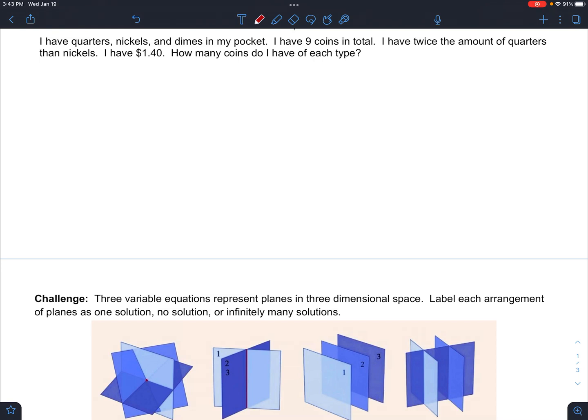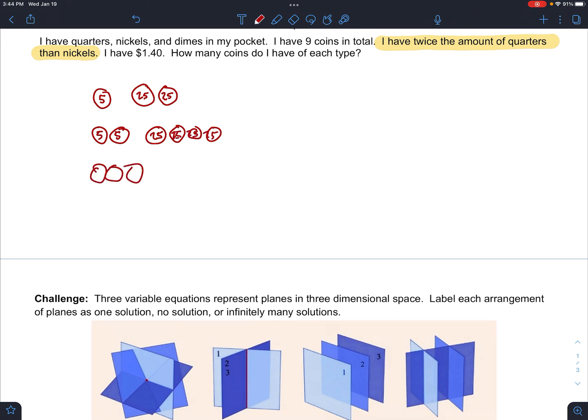All right, so the most limiting part of this, I think, is the fact that our combination has to have twice the amount of quarters than nickels. Because if I'm imagining that, it means we either have 1 nickel and 2 quarters and the rest dimes. We have 2 nickels and 4 quarters.